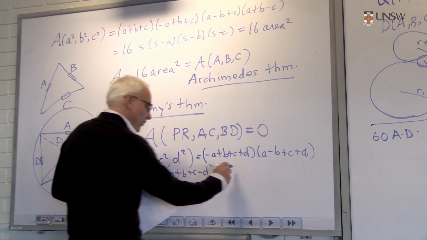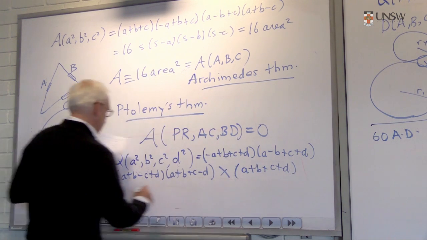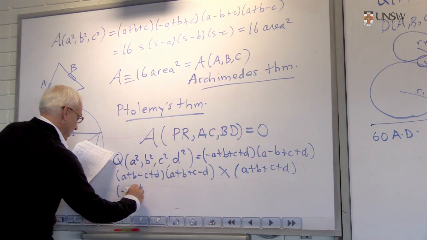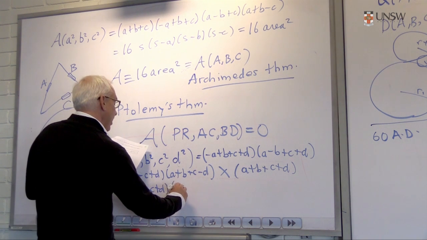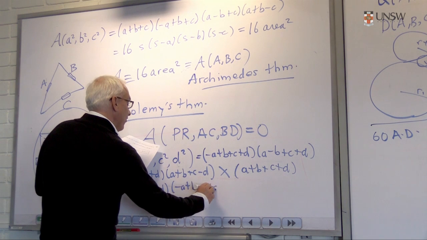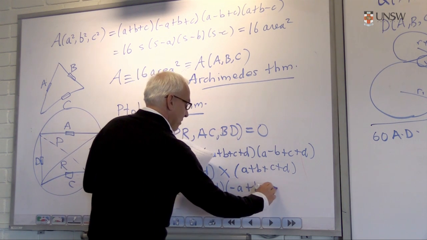And then the other half is A plus B plus C plus D times minus A minus B plus C plus D, minus A plus B minus C plus D, and minus A plus B plus C minus D.